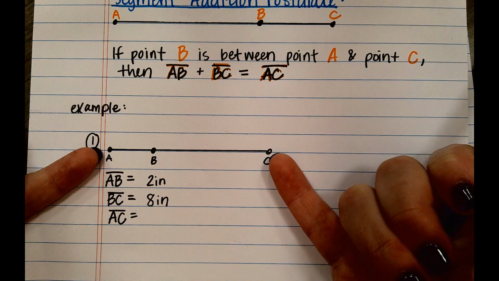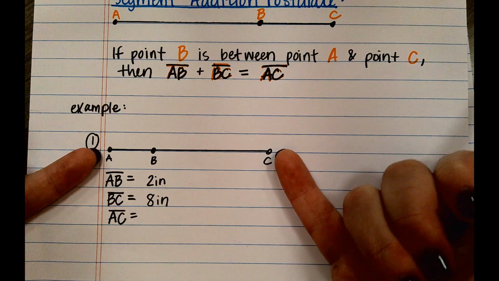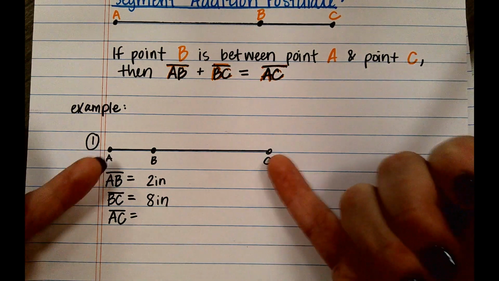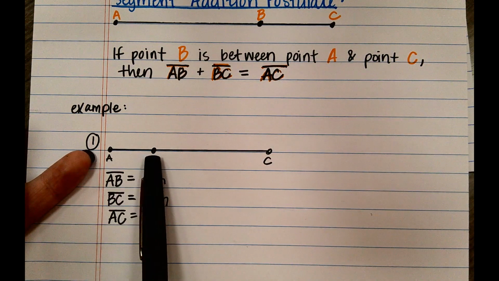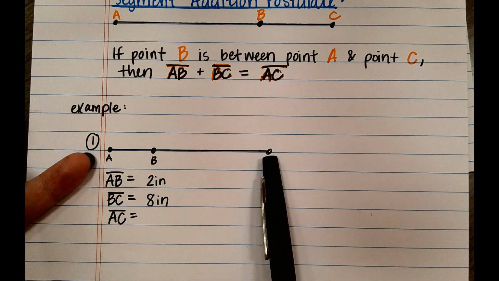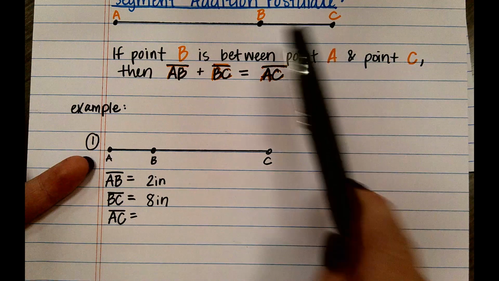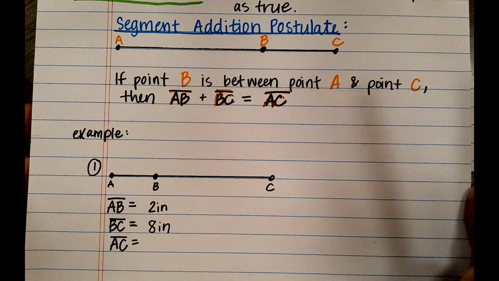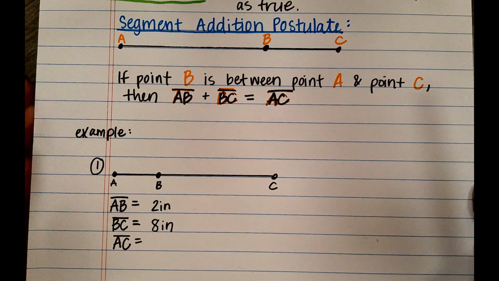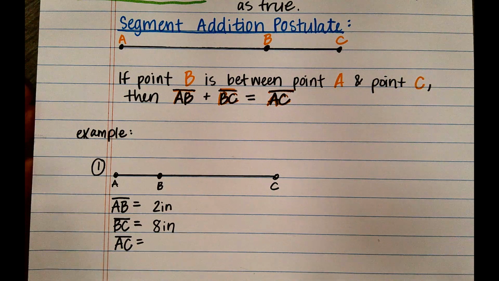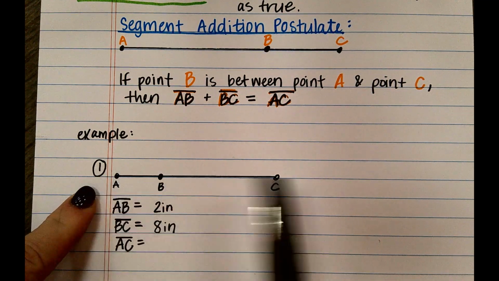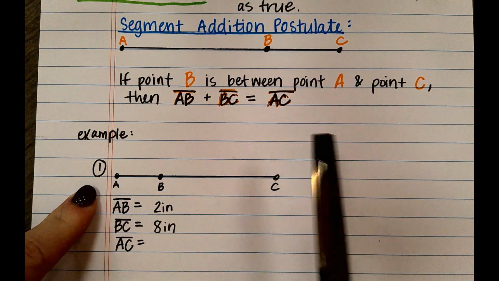Because it's the whole length of the line segment. AB plus BC equals AC, according to the segment addition postulate. It's a rule. We accept it's true, so we can use it over and over. Because B is in the middle of AC, we can use this.